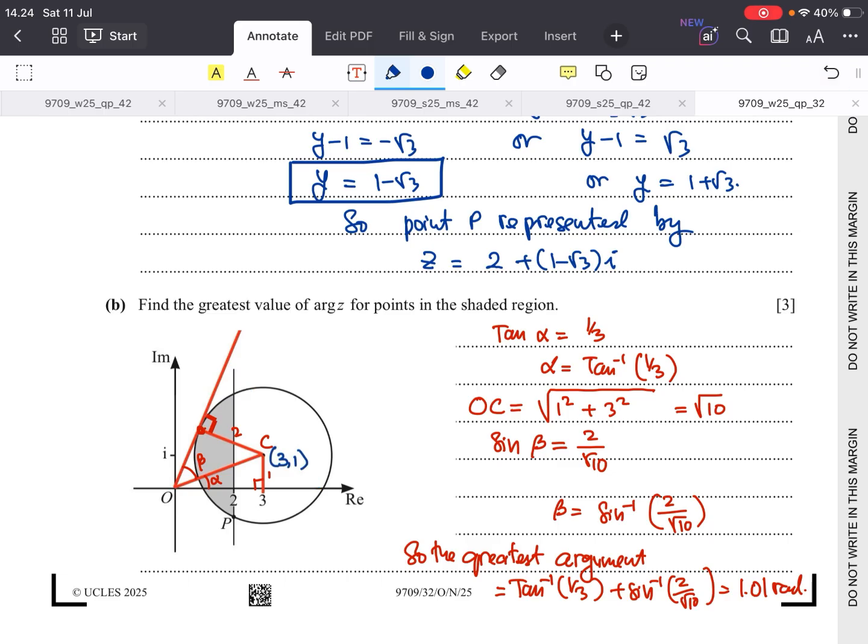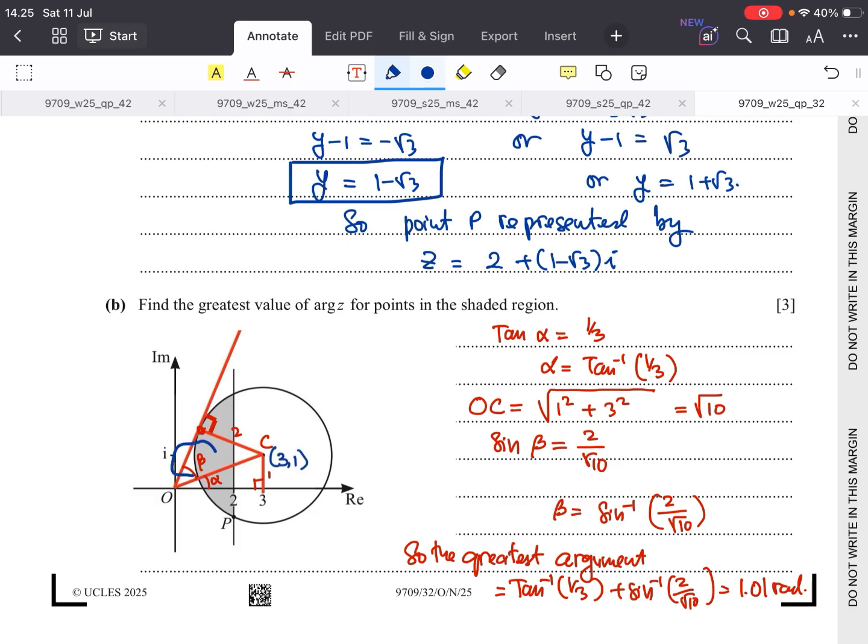For angle alpha, we know that this one is 3 and this one is 1. So angle alpha can be easily found using trigonometry. Tan alpha is 1 over 3. So alpha is tan inverse 1 over 3.